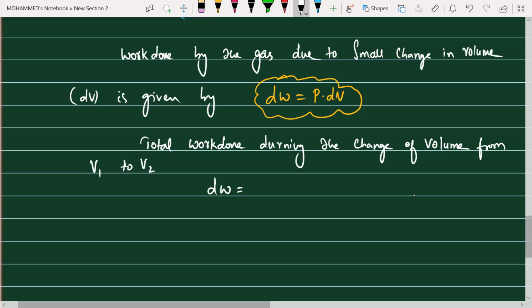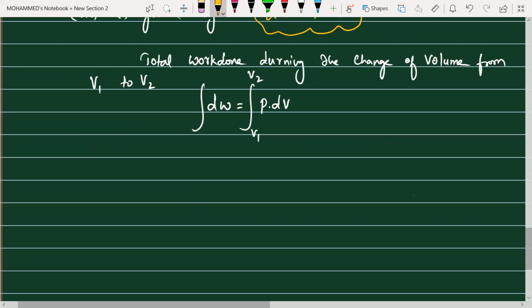So integrate on both sides: integral of dW is equal to integral of P into dV, from V1 to V2. Integral of dW is W.